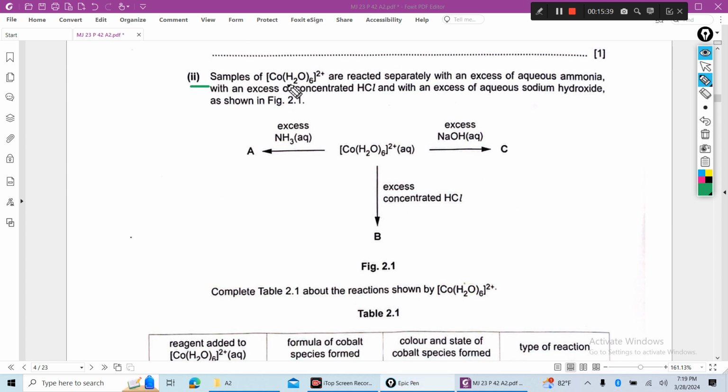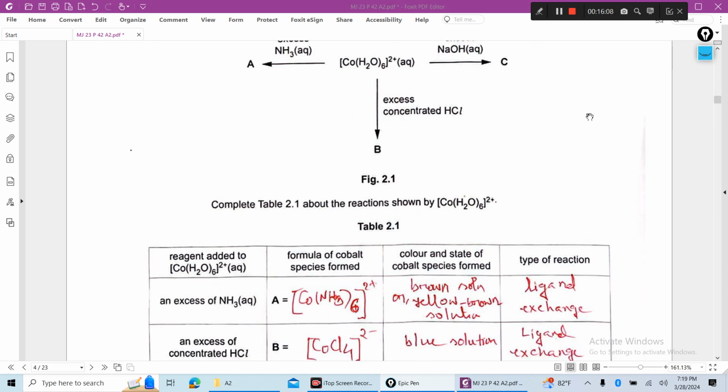Now 2 samples of cobalt complexes are reacted separately with an excess of aqueous ammonia, with an excess of concentrated hydrochloric acid, and with an excess of aqueous sodium hydroxide. In this diagram, the cobalt complexes react with excess aqueous ammonia A, excess concentrated hydrochloric acid B, and excess sodium hydroxide C. Complete the table. You will complete the table.